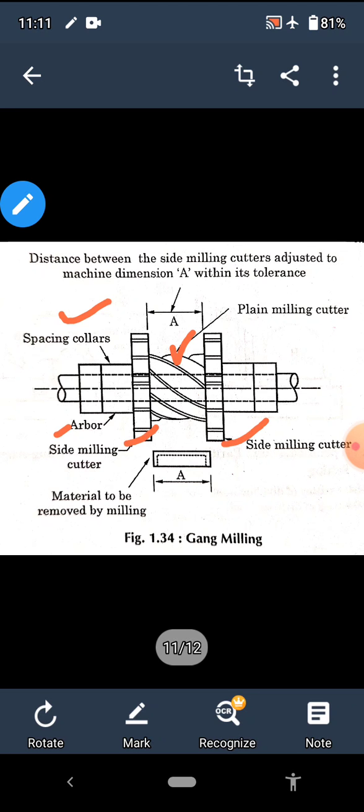So we are removing material from the workpiece in this figure by three milling cutters: the plain milling cutter in the center and the two side milling cutters. This is known as gang milling.